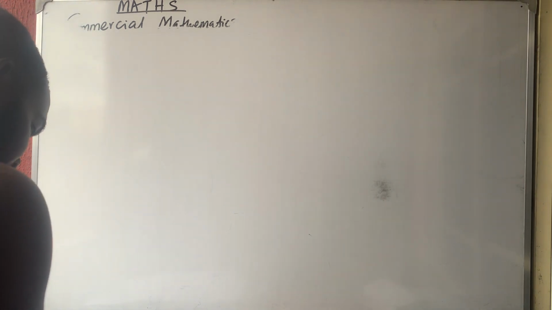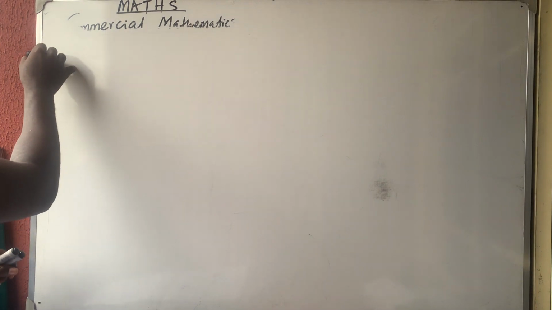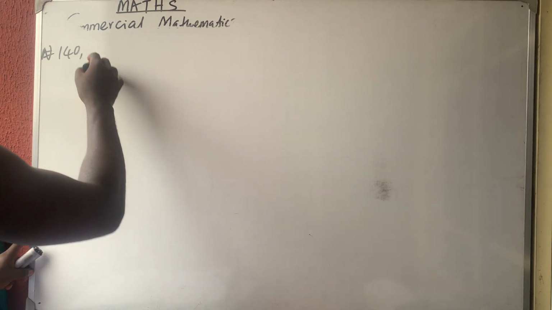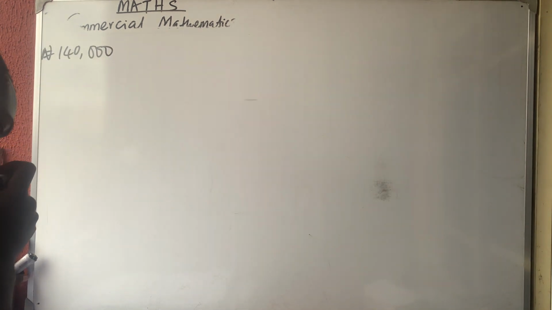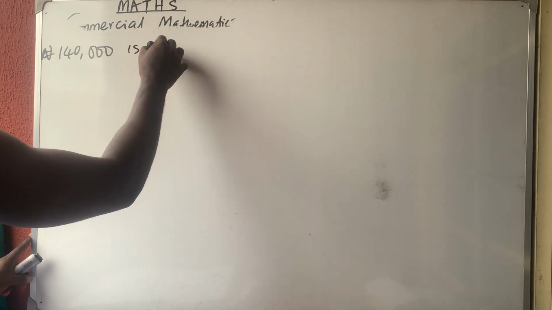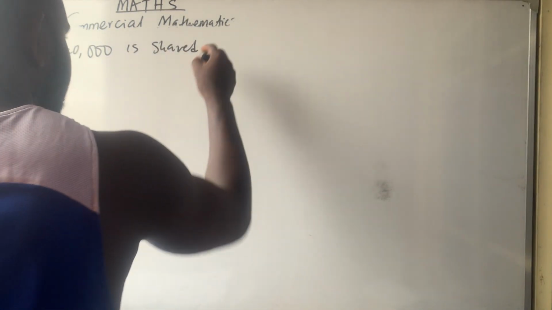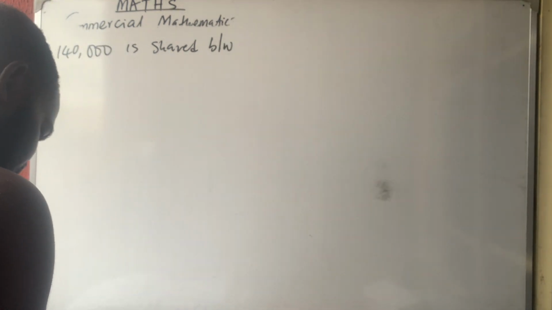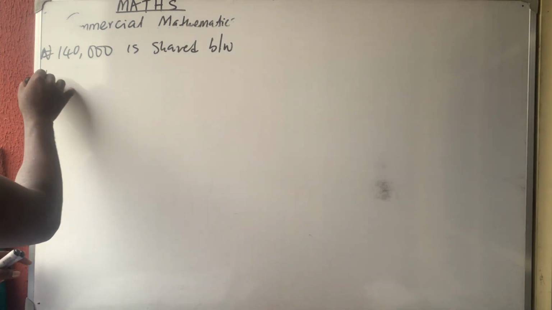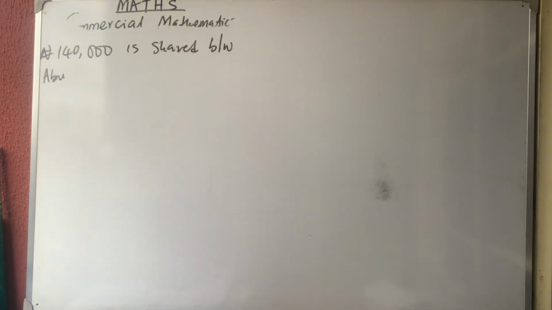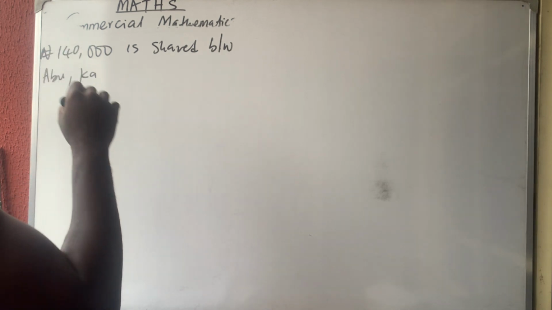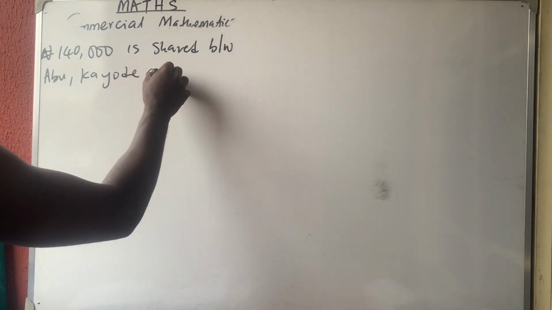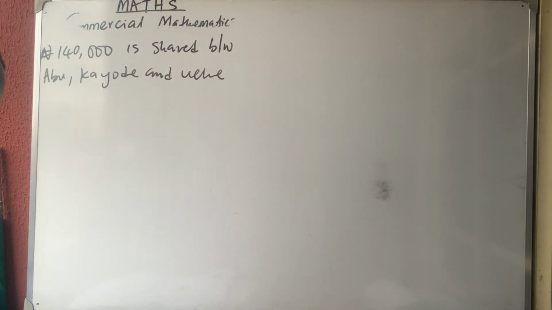All right. So the next question said 140,000, all right, is shared between Abu, comma, Kayode and Uche. All right, full stop.